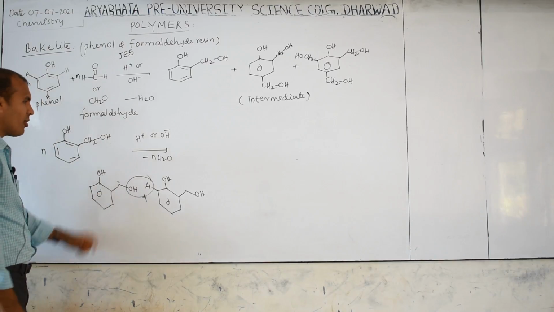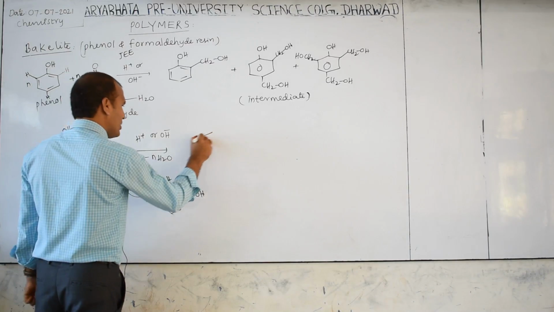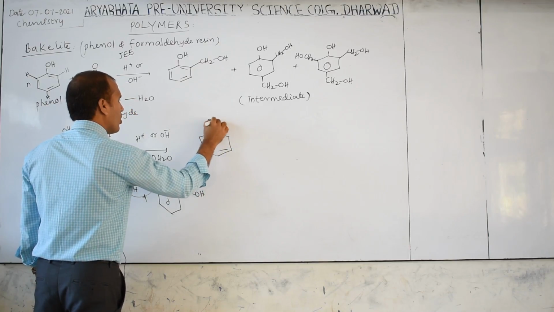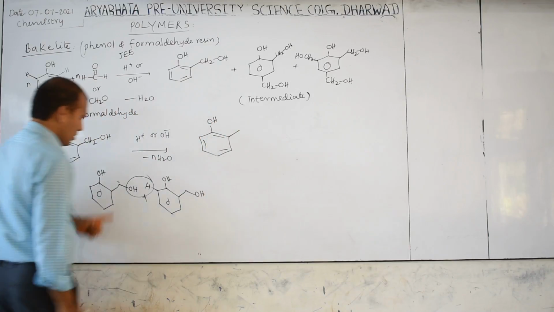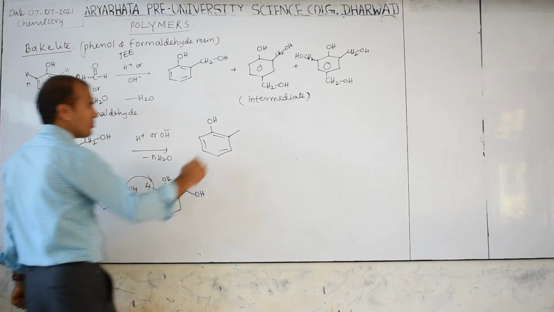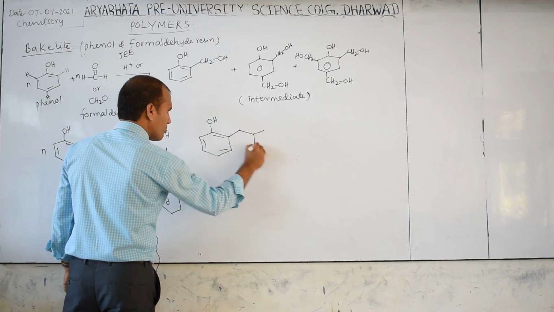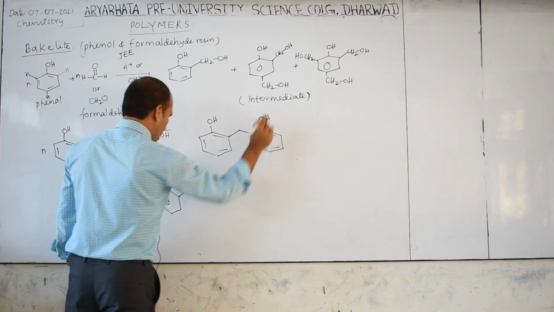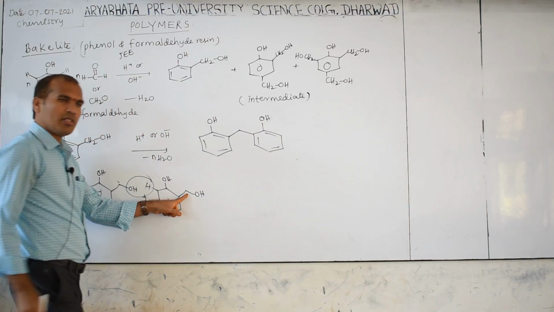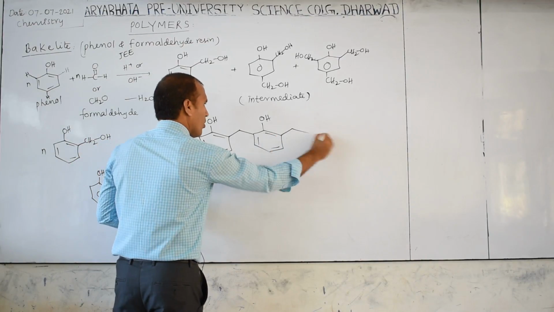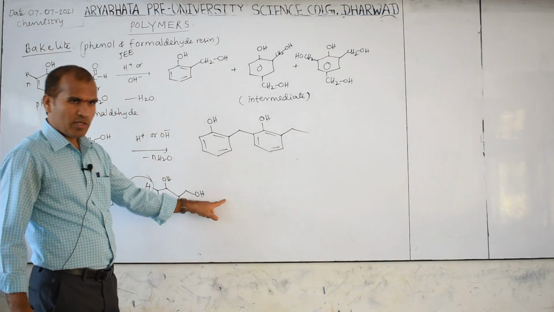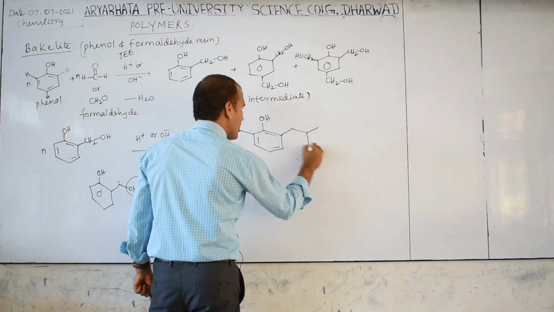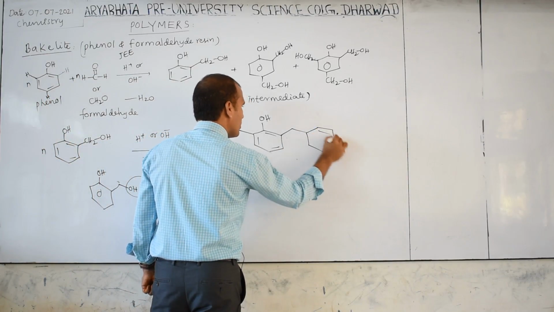Then what will be formed here? This as it is, right? OH, this is CH2. OH, this is also CH2. This OH with the next molecule's H, water molecule is lost. Therefore this can be represented like this.